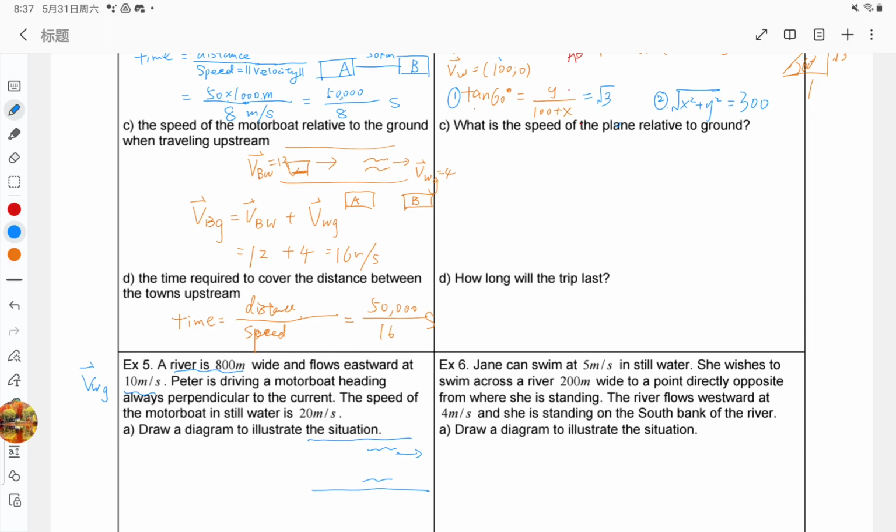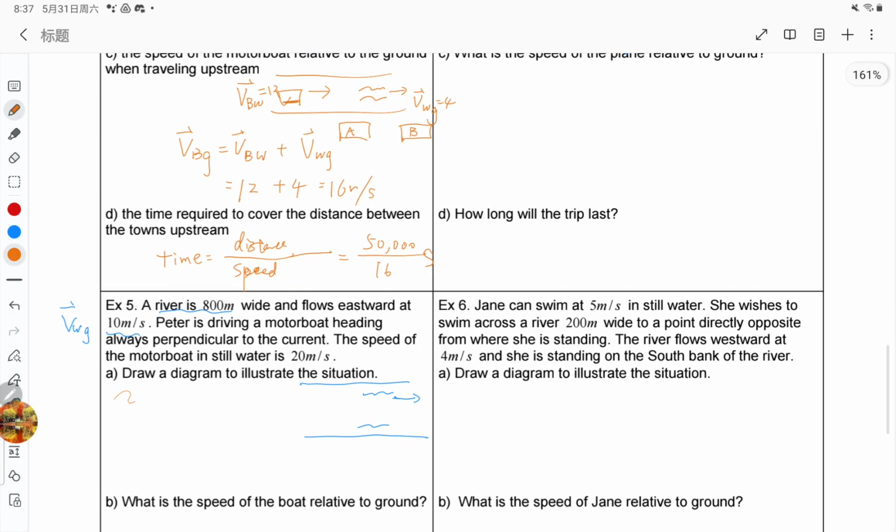So this is again like we just identify, we draw the diagram, identify the velocity directions, and then do the summation of velocity. So draw a diagram to illustrate the situation, the eastward, and then we have VWG.